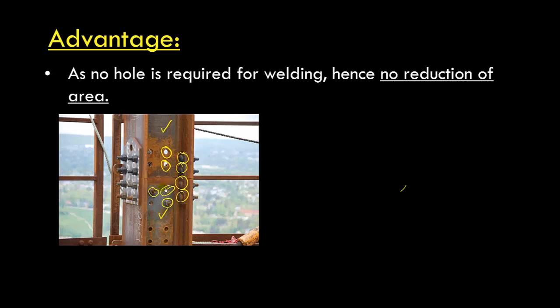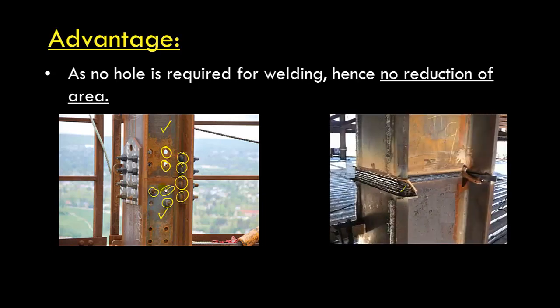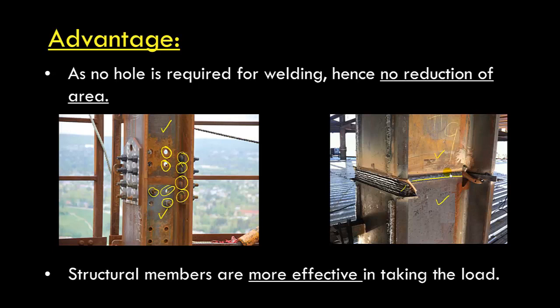But if you see the welded connection example, in this case these two columns can be connected using a weld, and in that case there is no reduction in area. So this is one advantage of the welded connection. We can say our structural members are more effective in taking load whenever we have a welded connection, because there is no reduction in area.